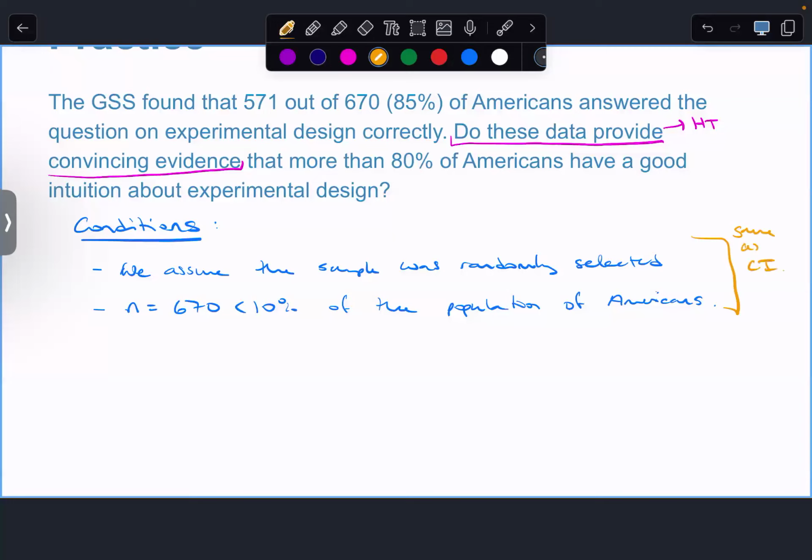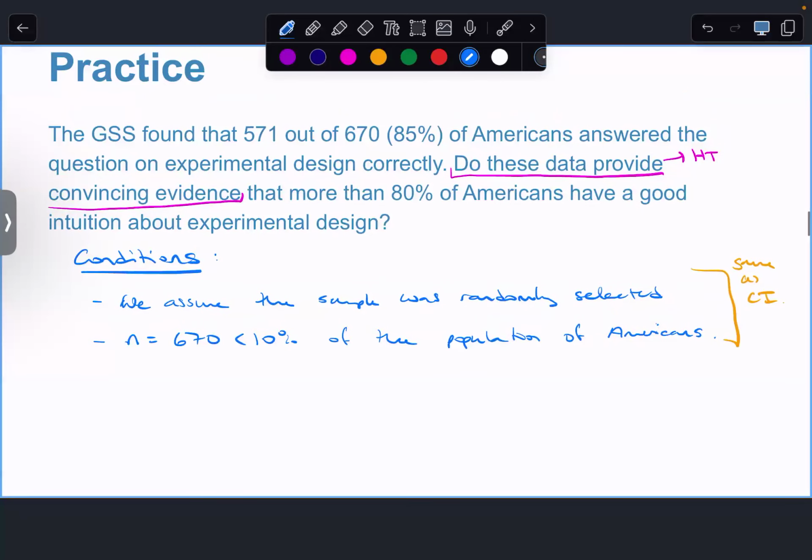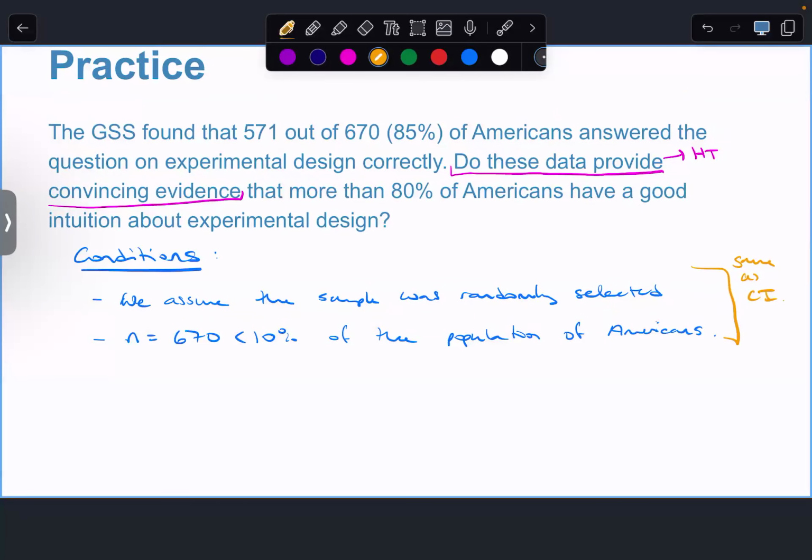Nothing's changed there. What's changed is now I have to have at least 10 expected successes and at least 10 expected failures, which means I need to have some expectation, some hypothesized proportion. So I have my sample proportion, p hat is 0.85.